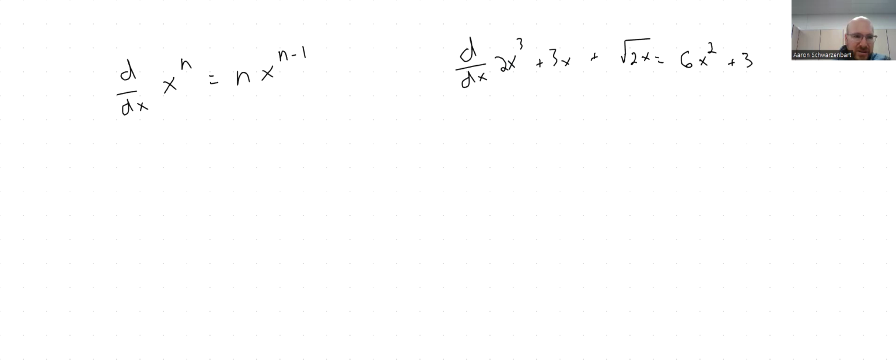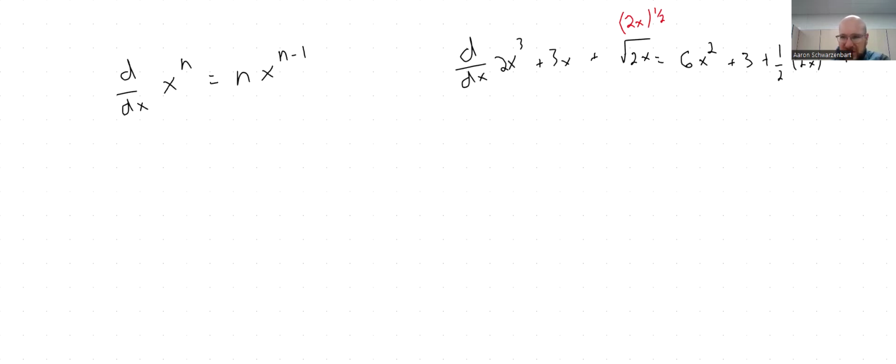This one, I'd like to switch into a fractional power. So bring the 1/2 to the front, to the -1. Subtract 1 to get the -1/2. And then the chain rule says multiply by the derivative of the inside.